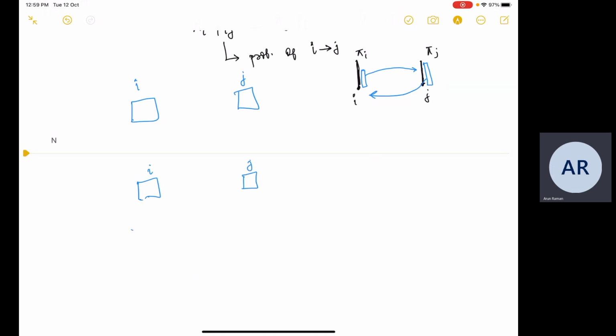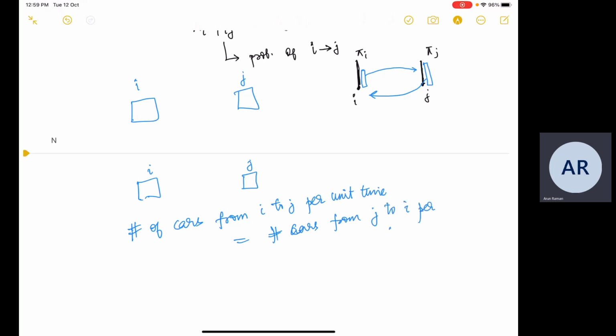What we mean by balance is that the number of cars from i to j per unit time is equal to the number of cars from j to i per unit time.